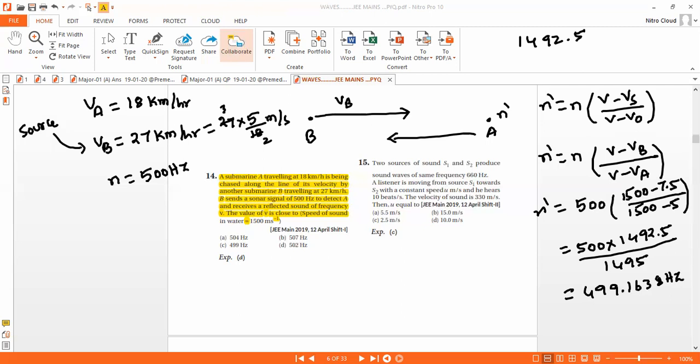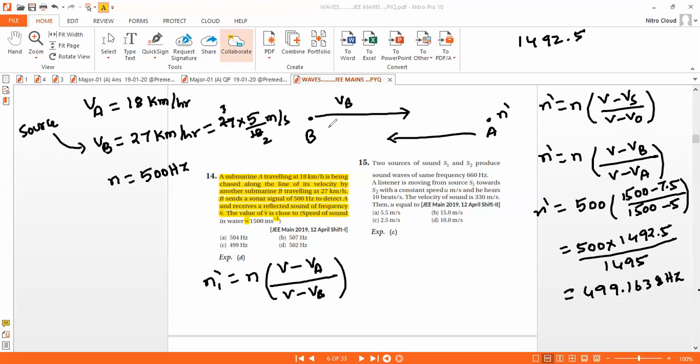Now, what happened? It is reflecting the sound. B will act as an observer and A will act as a source. So N1 dash equals N times V minus Vs means Va by V minus Vb.